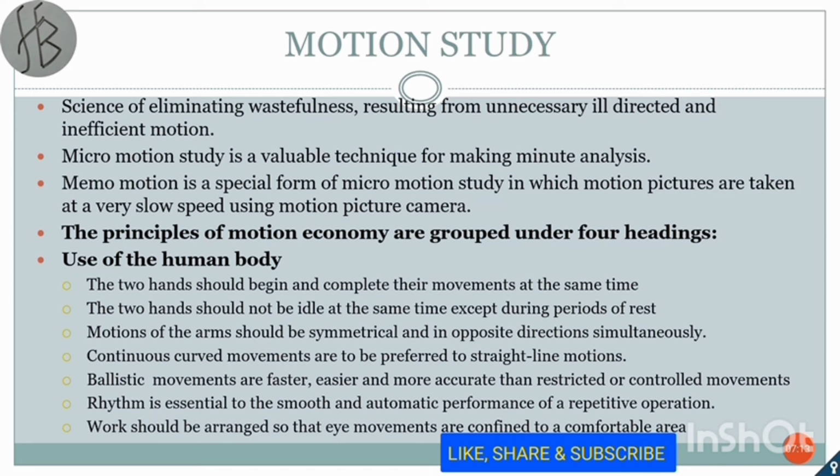Continuous curve movements are preferred. Ballistic movements are faster, easier and more accurate. Ballistic movement means free swinging movements. Rhythm is essential to the smooth and automatic performance of repetitive operations. Work should be arranged so that eye movement can be confined to the comfortable area.